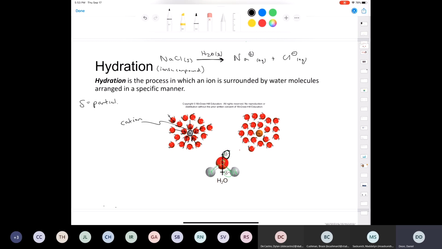It's not just floating all willy-nilly in the water. No, it's being stabilized by the water. And that enables the sodium chloride crystal to break up. Similarly, with the chloride anion, here's the negative charge right here. You notice that the water molecules around it have the delta positive closer to the anion, so that they can stabilize the negative charge.